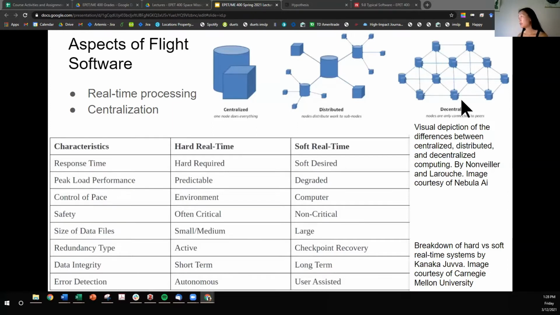And then you could have a decentralized system where all the nodes are pretty much equivalent and are connected to each other without one computer commanding everything. Instead, each is connected to its neighbor and commands itself.